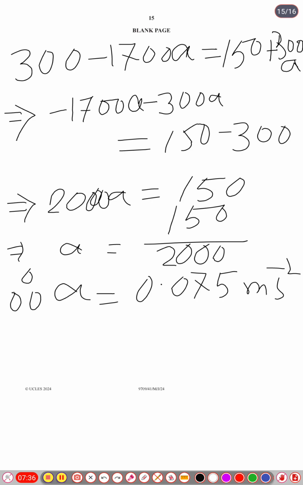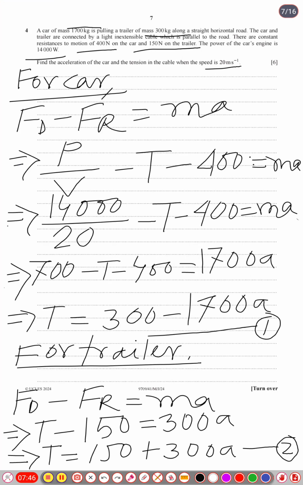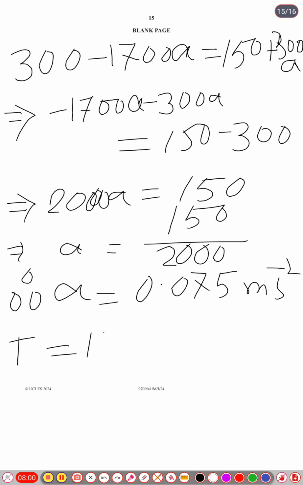Now we will have to find the tension. Hence tension is equal to, let's go back to the formula. What was the first equation? First equation was 300 minus 1700a, or we can apply the value at any of the equations. If we apply it in the second equation, it will be 150 plus 300a. So 150 plus 300 into our acceleration, which was 0.075.